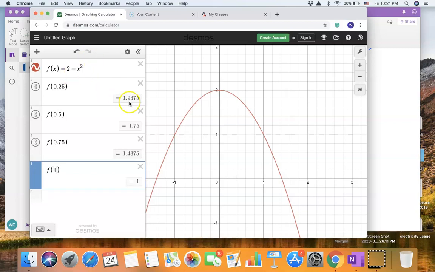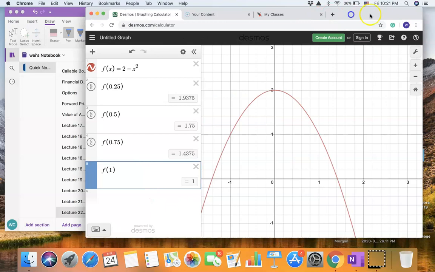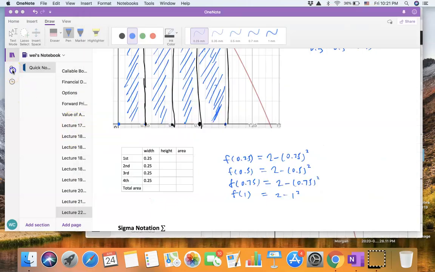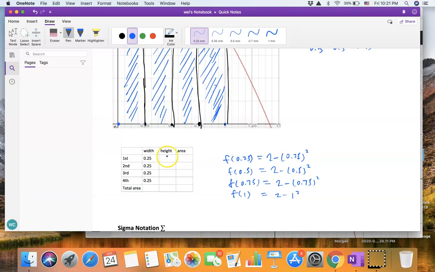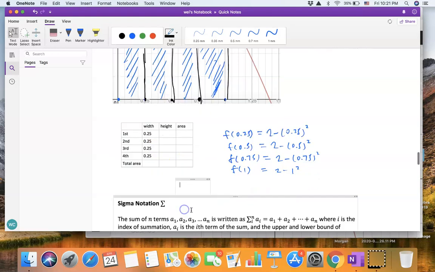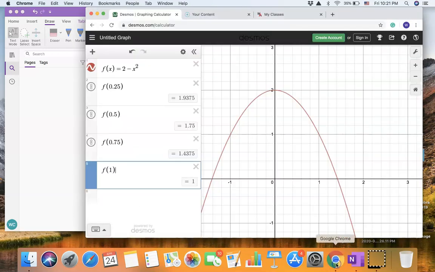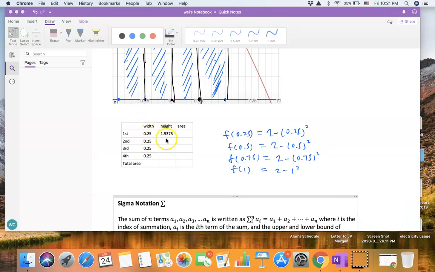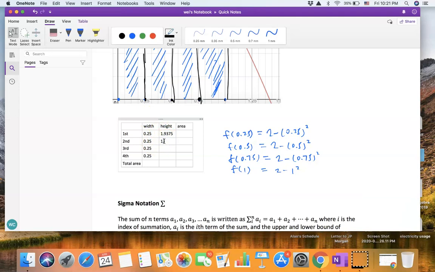Okay, so it's 1.9375, and that's 1.75, 1.4375, and that's 1.